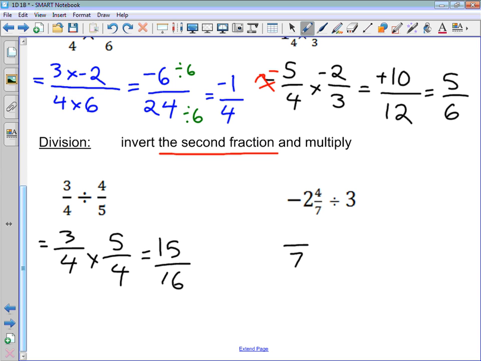Anita, help him out. So it's going to be 2 times 7, which is 14, plus 4, which is going to give us 18. And we have this negative sign. I'm going to put that negative sign up there in the numerator. So it'll be negative 18 over 7.